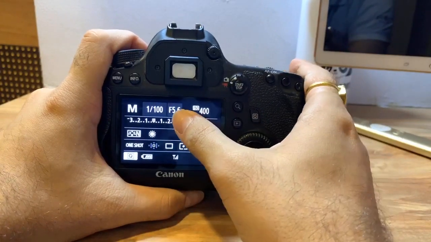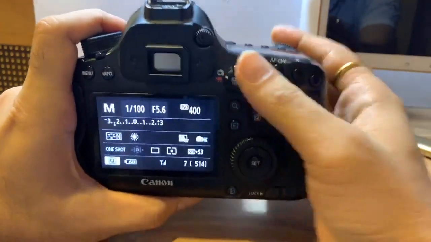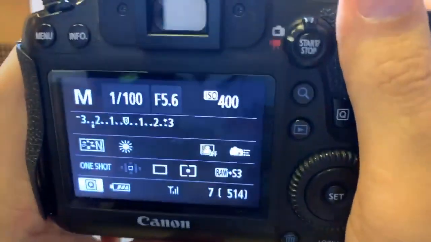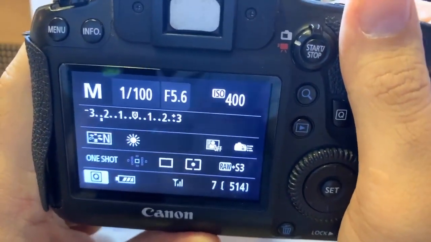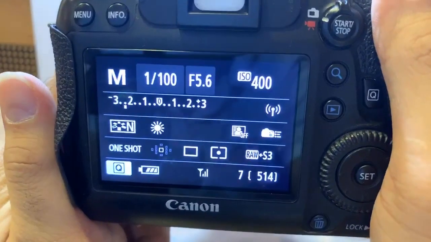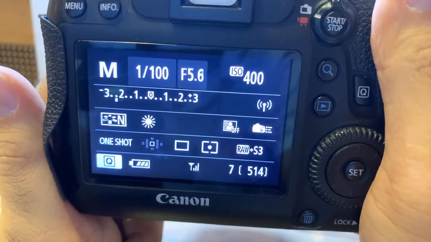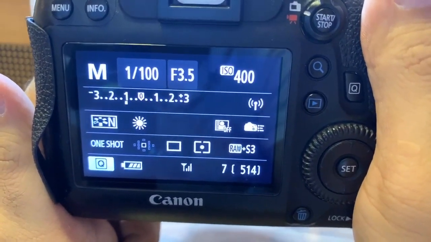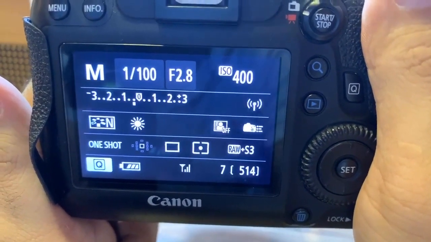So my only option is to reduce the F number. Let me reduce the F number and see where my cursor is going. Right now my cursor is at -2. Yes, you can see it's coming to the center. Very good.